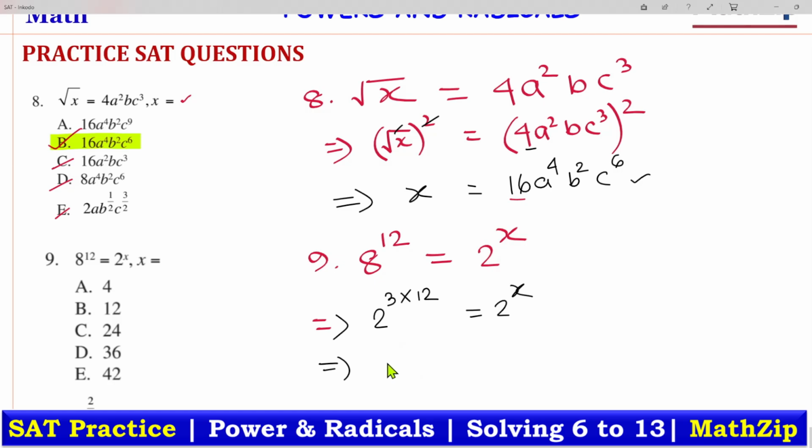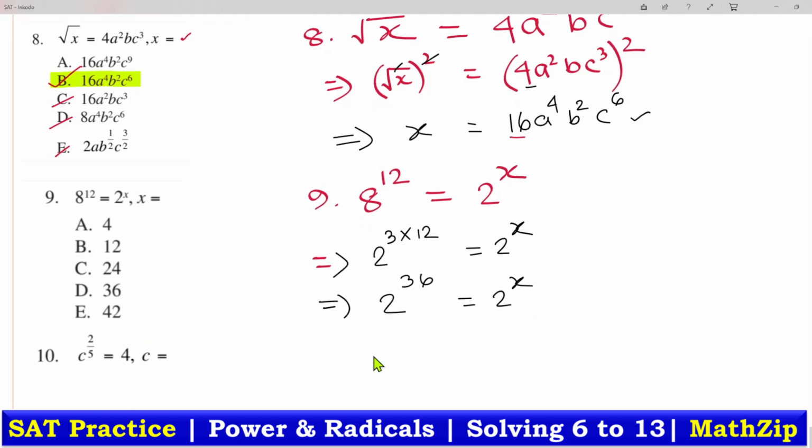It's a very simple thing. 2 to the power 3 times 12 is 36, equals 2 to the power x, right? So where the bases are the same, the powers will be equal. It means 36 equals x. So which is our correct answer? Here for number 9, D is our right answer, which is 36.